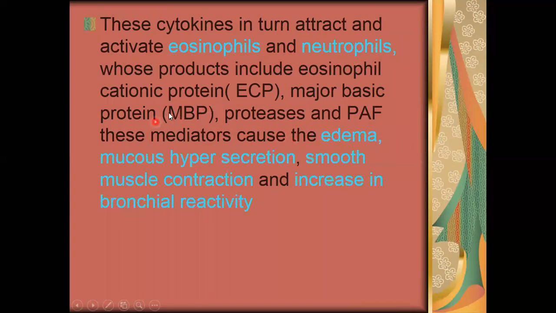These inflammatory mediators cause edema, mucus hypersecretion, smooth muscle contraction, and increased bronchial reactivity. All these cause the narrowing of the lumen of the airways and obstruction to the airflow.